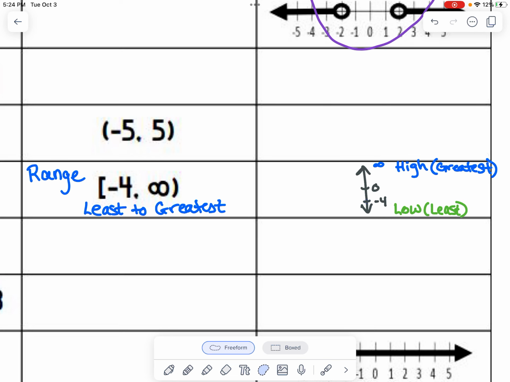So that's going to be a solid dot. There we go. So solid dot. And it's going to go to infinity. So it's going to go towards that blue infinity. Okay.